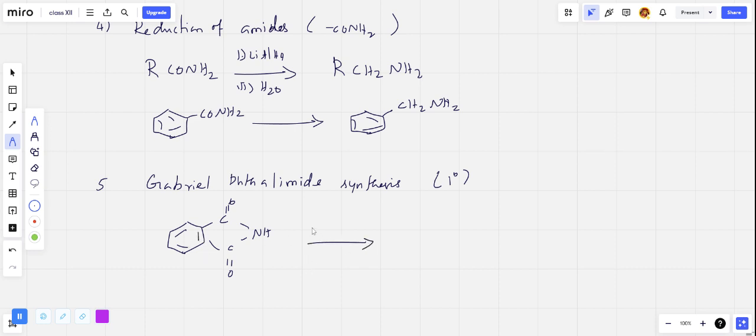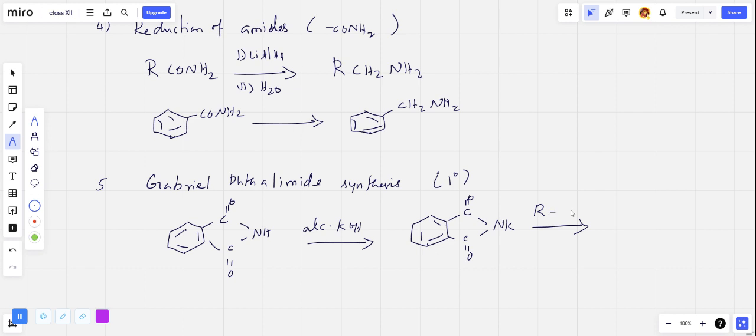Which on reaction with alcoholic KOH forms a potassium salt as an intermediate product. It's C double bond O, C double bond O, N K. This is the salt of phthalimide. What will happen means, this is the intermediate.